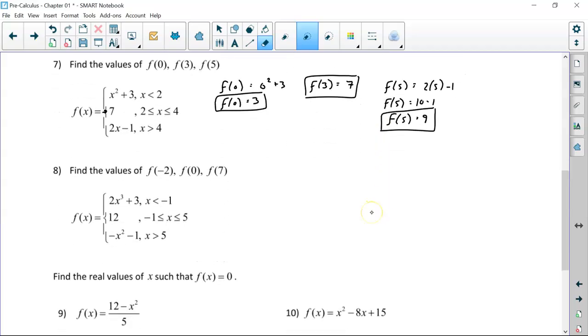Another example for a piecewise function. Here we once again have 3 equations. So for f of negative 2, we want to look to see where negative 2 would fit. So x is less than negative 1. Negative 2 is less than negative 1, so we're going to use the top equation. So it's 2 times negative 2 cubed plus 3.